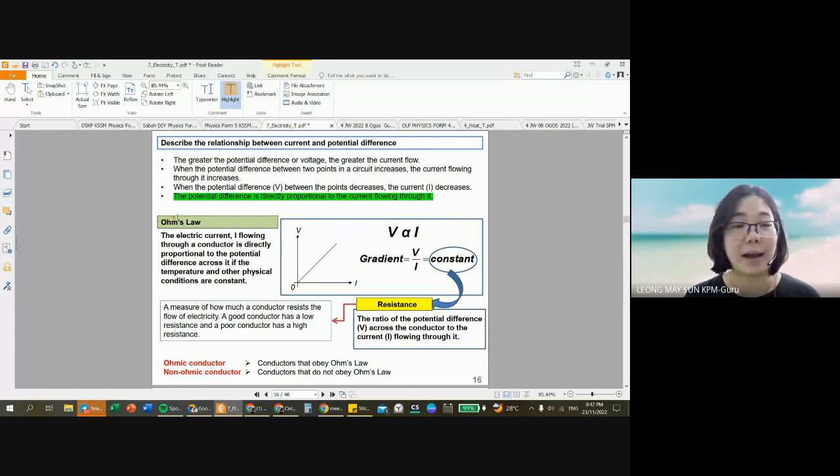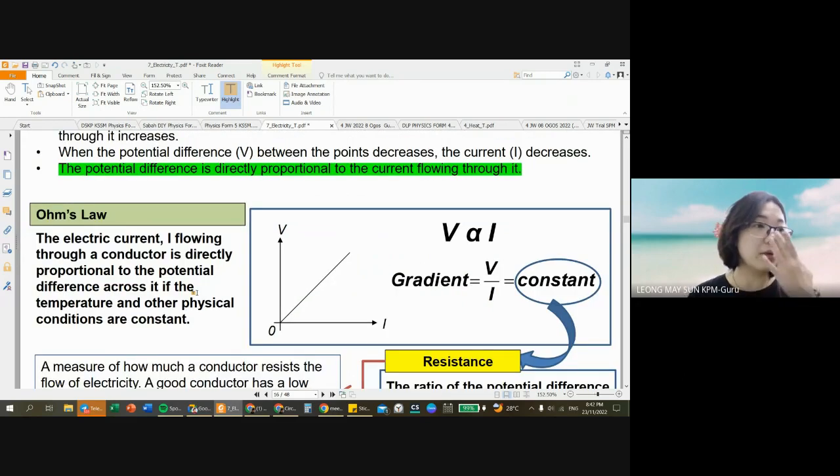This is the actual Ohm's law definition. Whenever we talk about Ohm's law, students say V equals IR, but unfortunately, V equals IR is not the definition of Ohm's law.